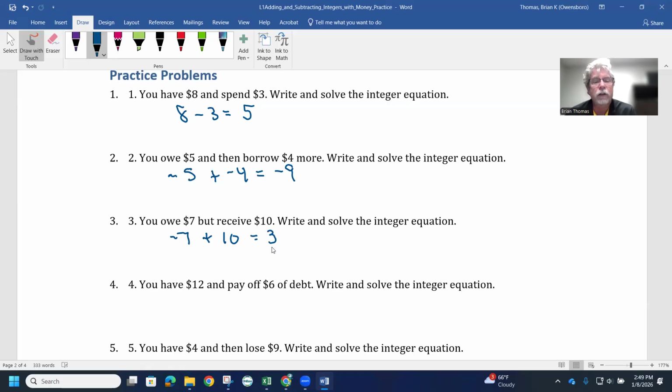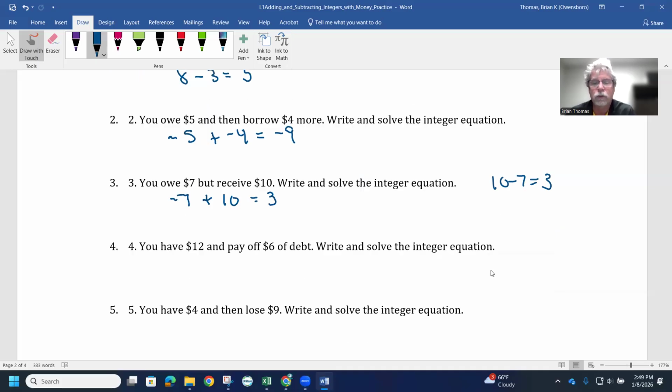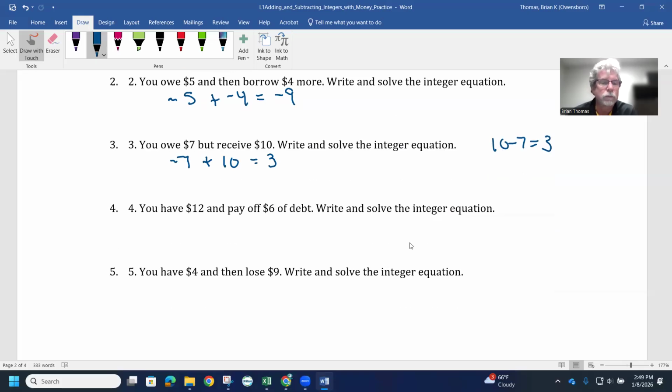And also, again, mathematically, you could subtract 10 minus 7, because you're not getting the whole $10, since you owe that 7, you're still going to just be up this 3. But notice how since I had more income, that tells me that I have a positive 3 left over. So it's got to be positive. So now you have to compare those values to see if it's positive or negative.